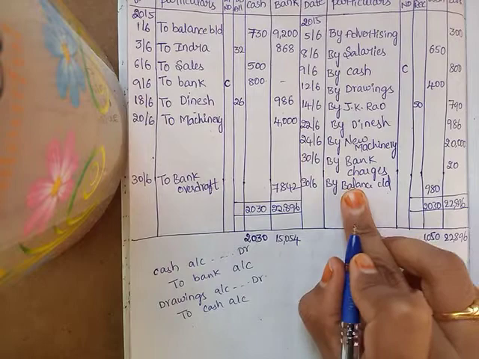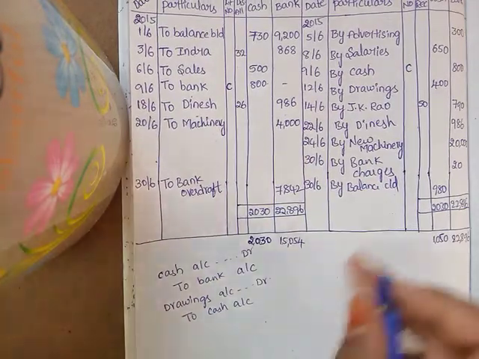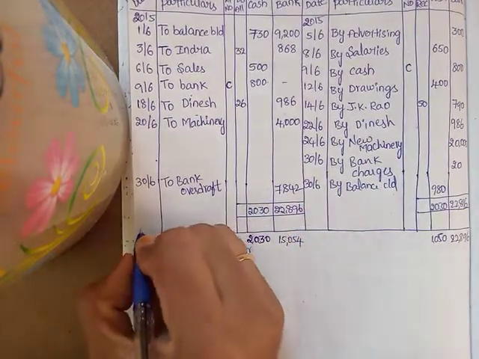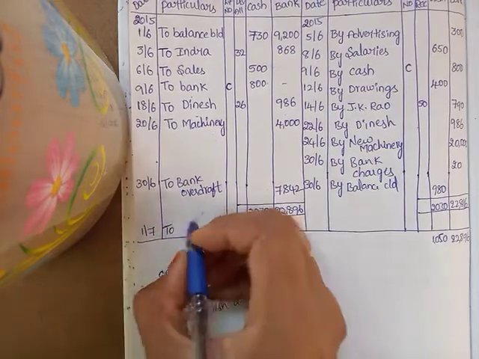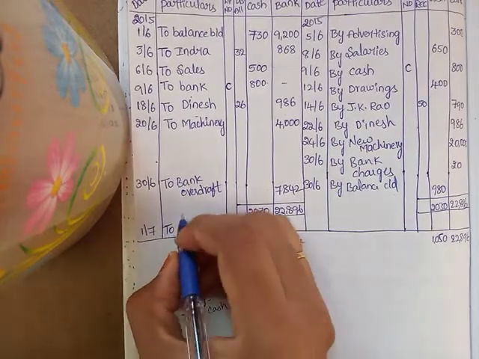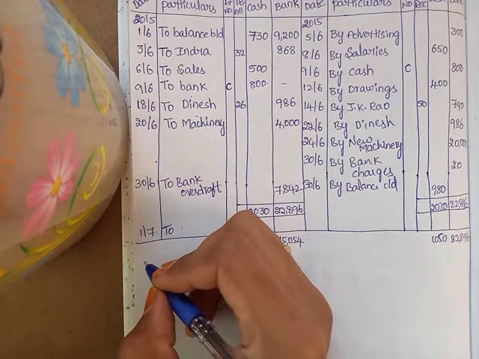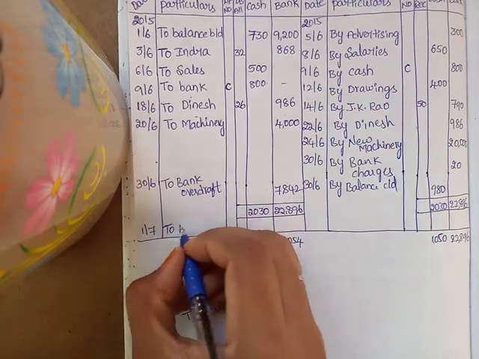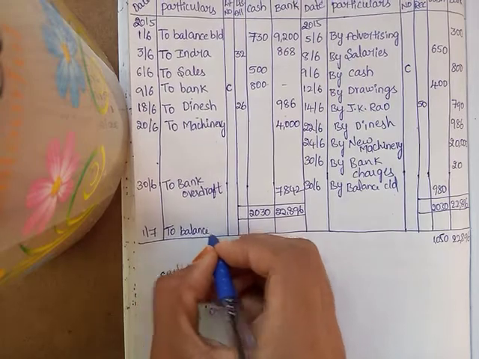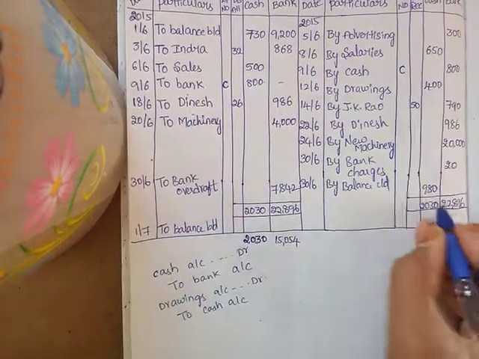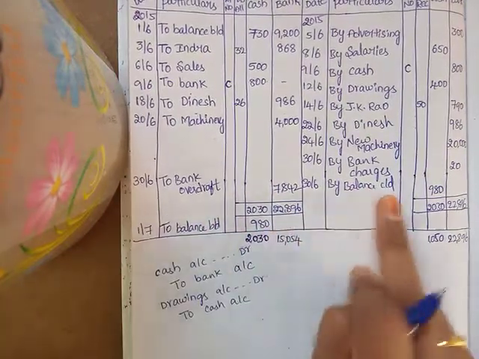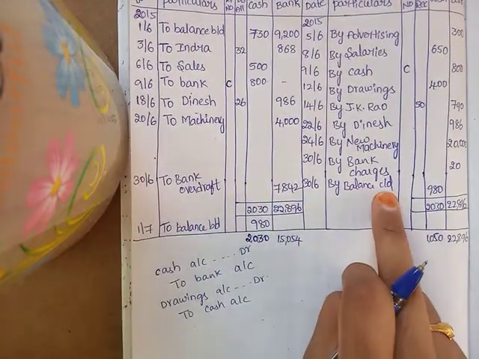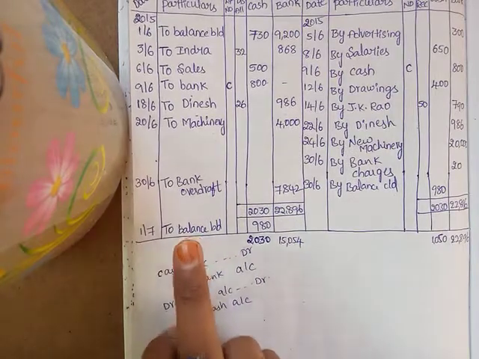Next step is what? This month's closing balance is next month's opening balance now. So next month is 1st July now. So 1st July to balance brought down or to cash in hand. To balance brought down is 980, and you write it on the opposite side.